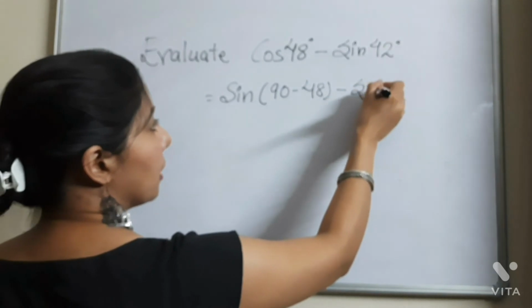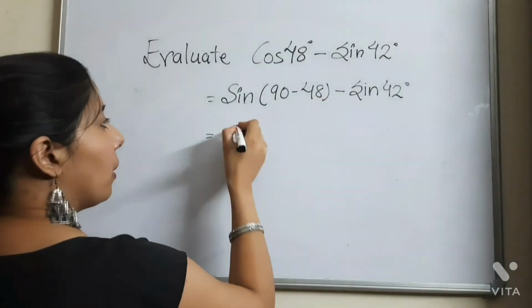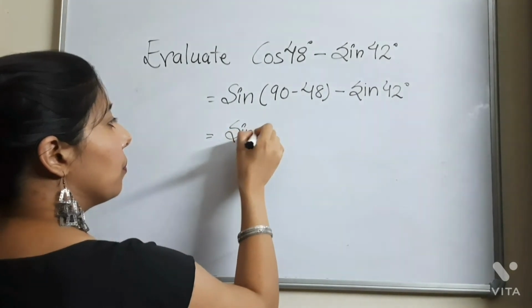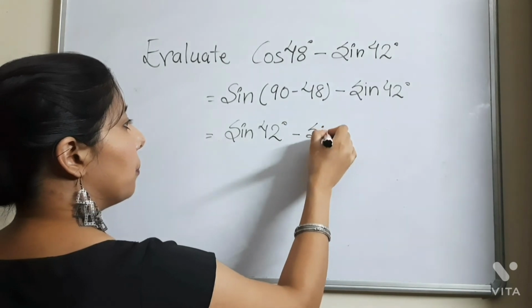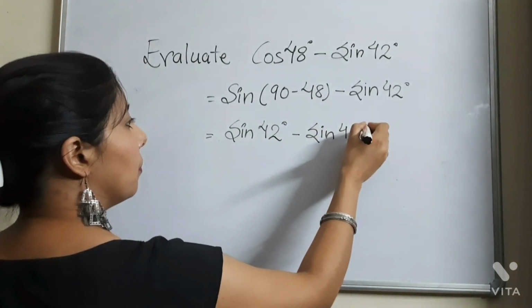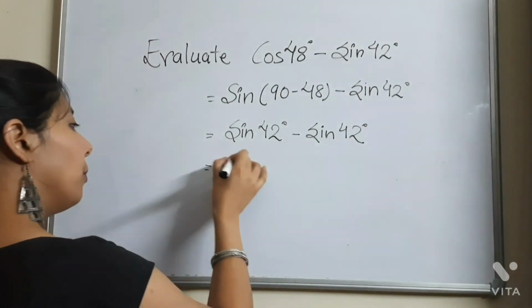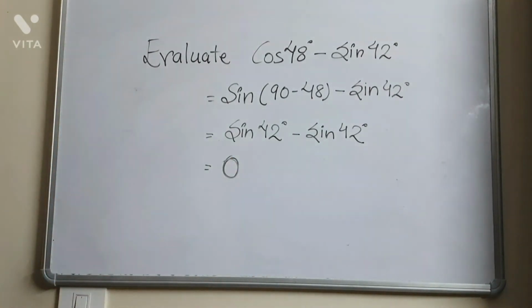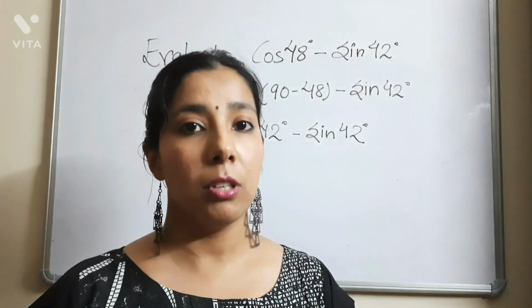And write this way. Now 90 minus 48 will be 42. Minus sine 42. Now sine 42 minus sine 42 is 0. So this is how you can use the concept of complementary pairs for solving your questions.